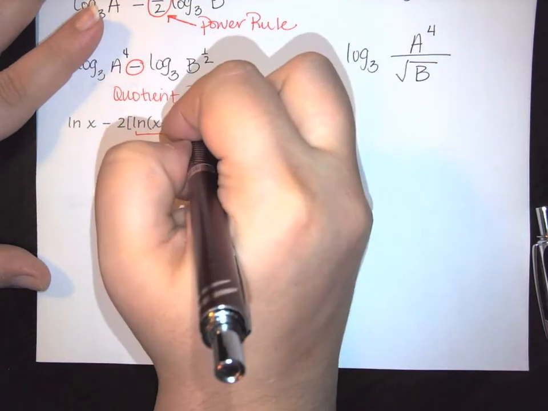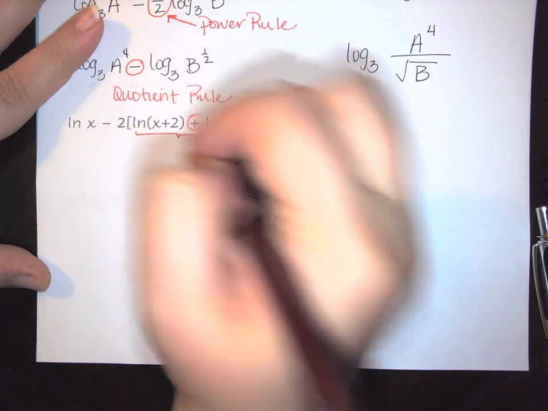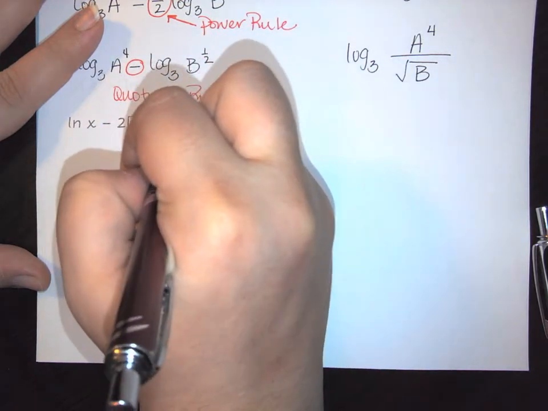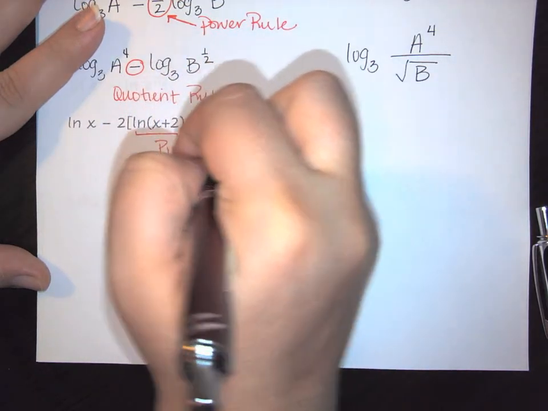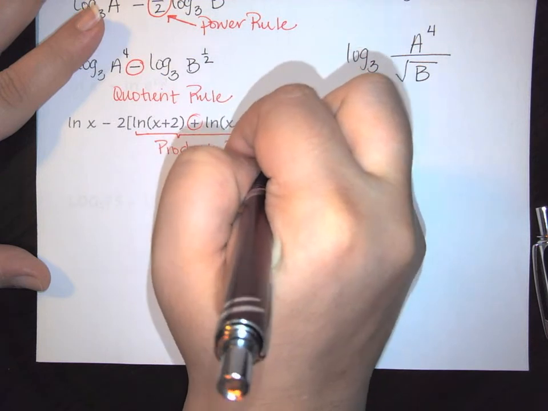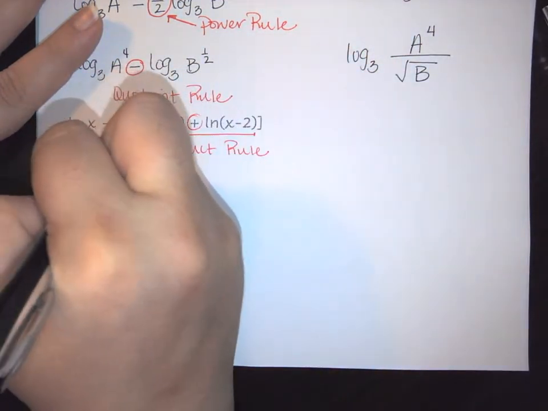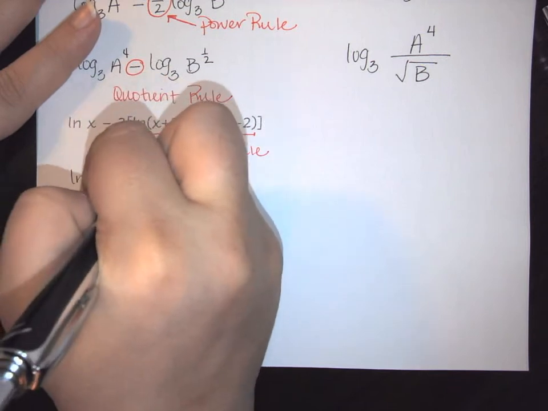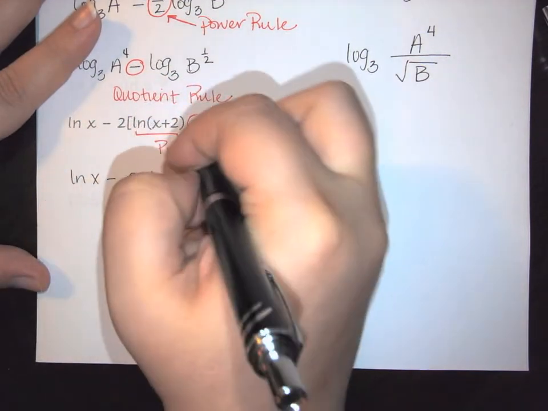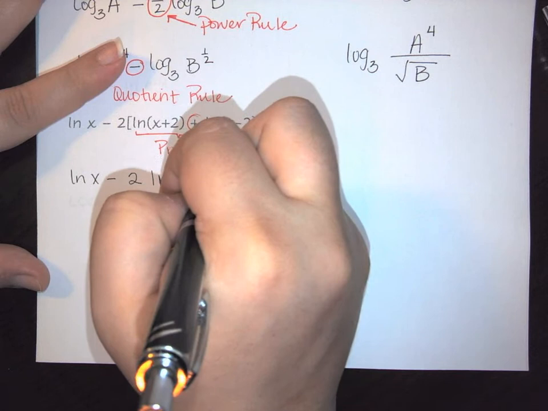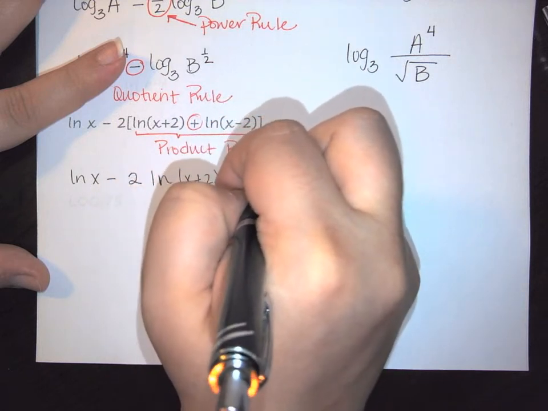So this here, because of this plus sign, is going to be your product rule. And so your product rule says that we have the natural log of x minus 2 natural log of x plus 2 times x minus 2.